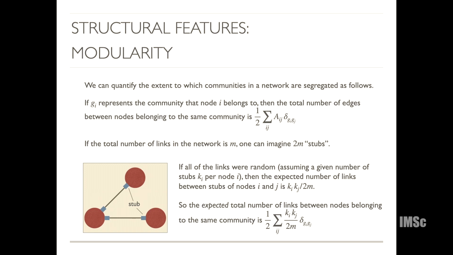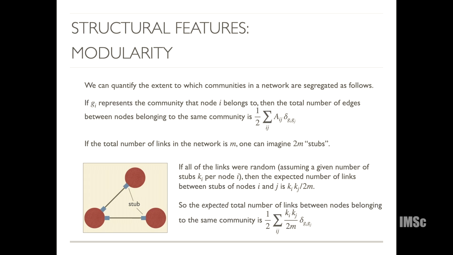Because if node j has kj stubs, and in total there are 2m stubs, then the likelihood of a link going and attaching to a stub of j is kj by 2m, and the likelihood of the other end of that link going to node i, since you have ki stubs, means the expected number of links between the two is just ki times kj by 2m, okay?